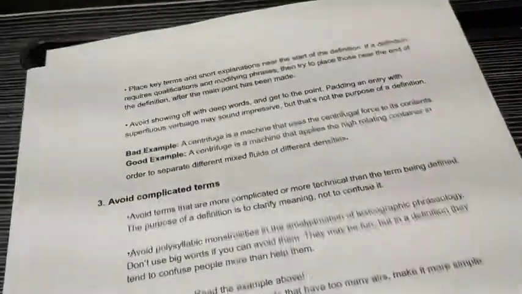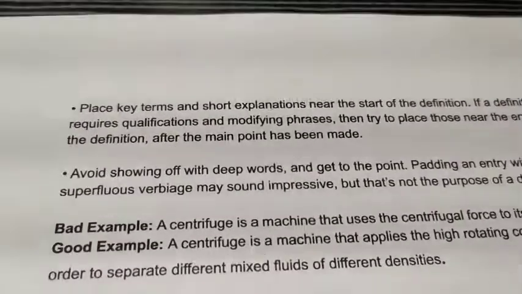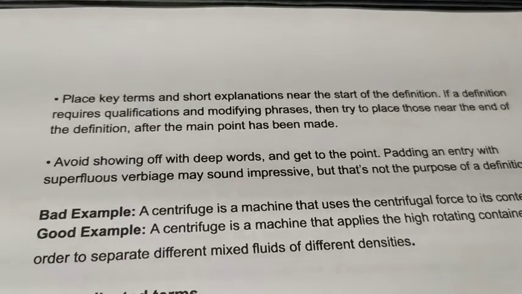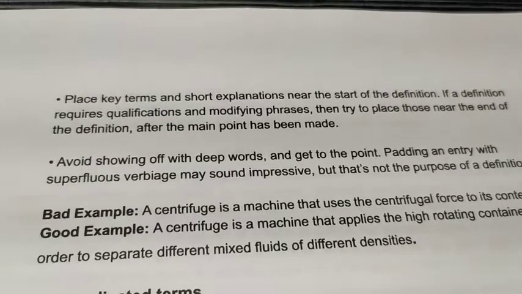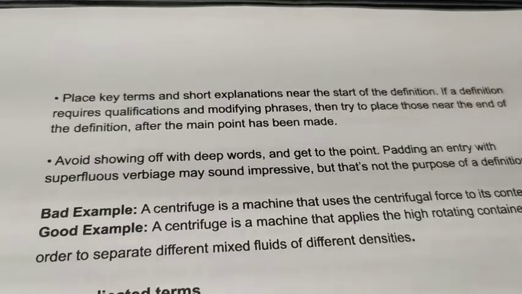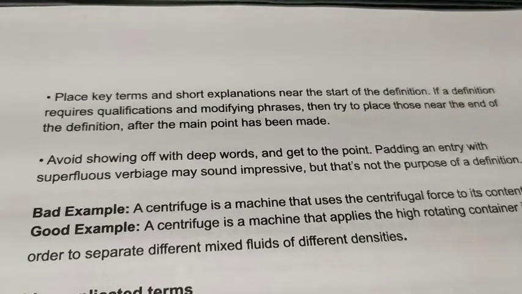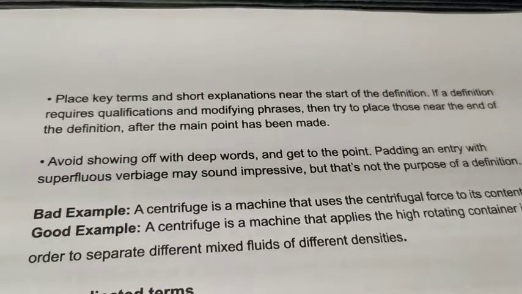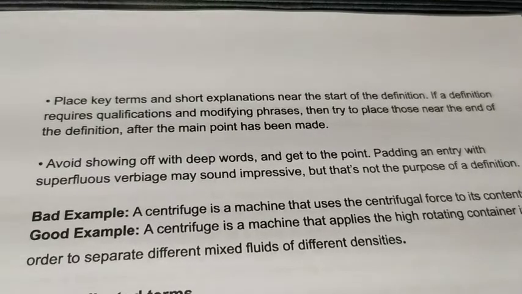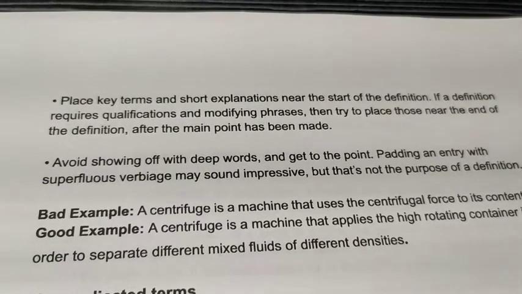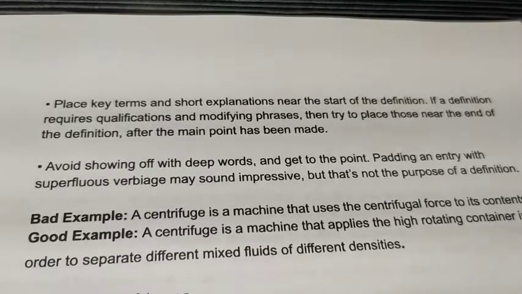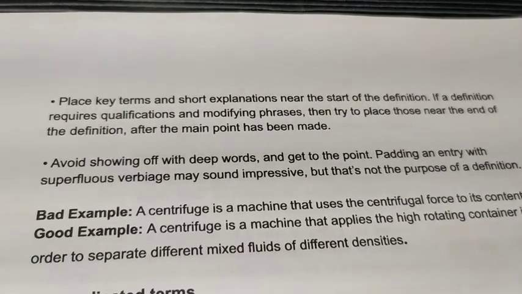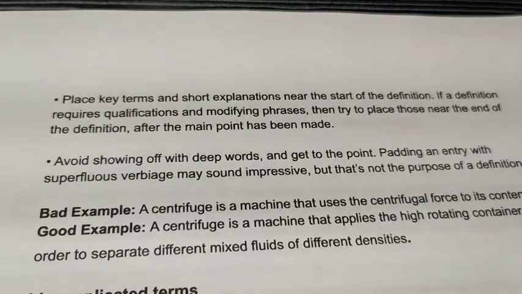So here, place key terms and short explanations near the start of the definition. If a definition requires qualifications and modifying phrases, then try to place those near the end of the definition after the main point has been made. So you will arrange your words inside the sentences based on the connection between them.